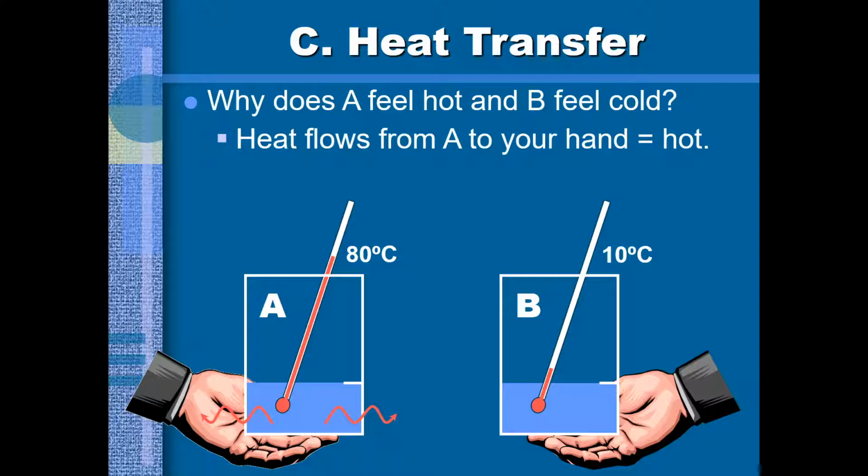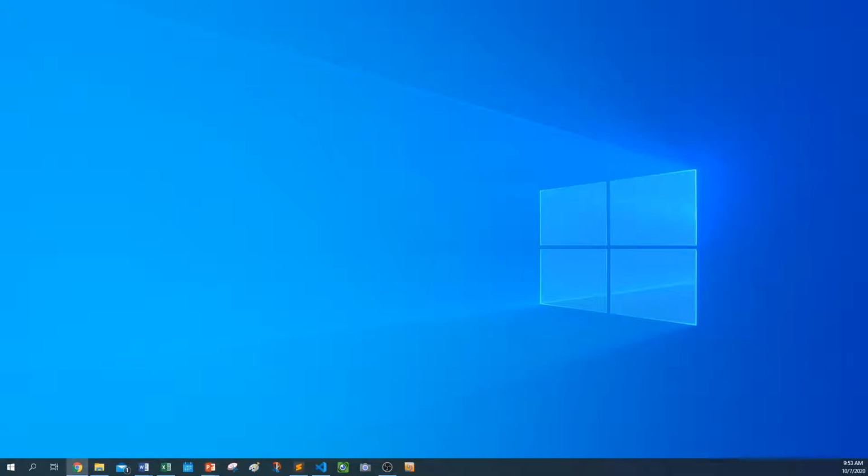Usually things that are hotter than your hand, heat can only transfer from hot to cold. Whereas in B, since your body temperature, I think is, let me look that up in Celsius. What is your body temperature in Fahrenheit? 98.6.